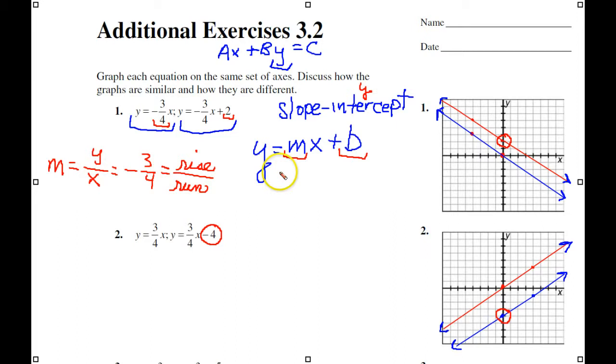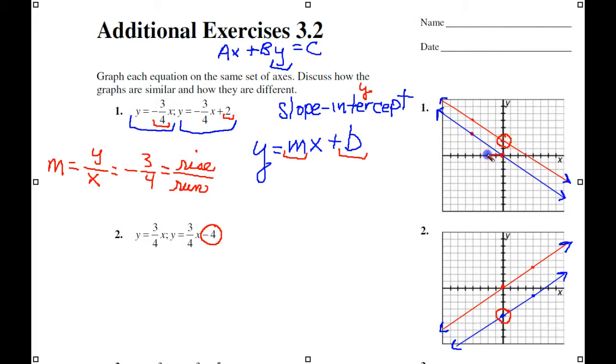So if I go to my y-intercept, which here is 0, and this is negative slope because of that negative, I'm going to do my run of 4 units, 1, 2, 3, 4, and my rise of 3 units, and get my second point of the graph.